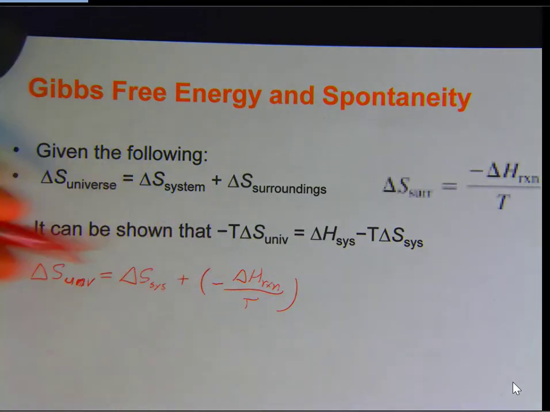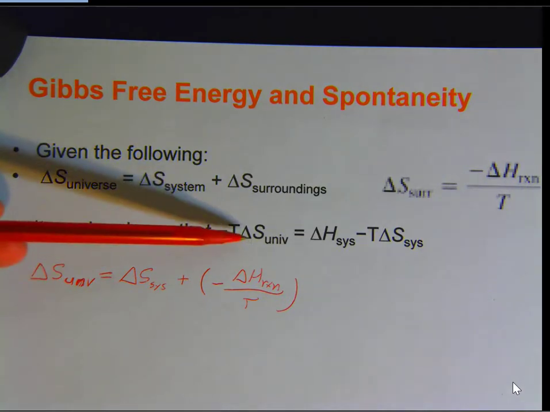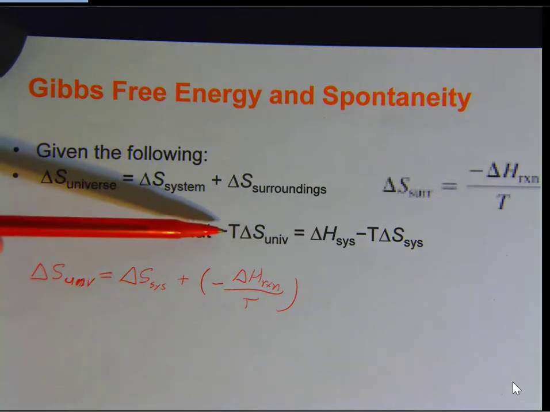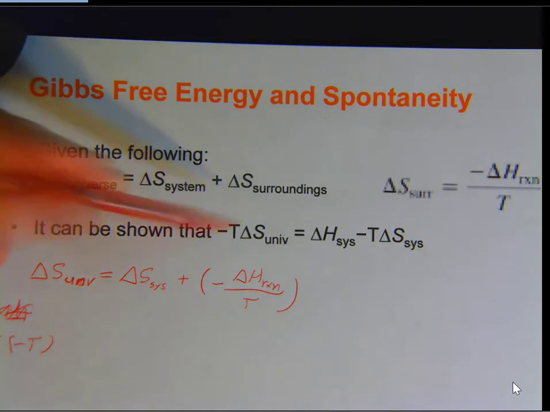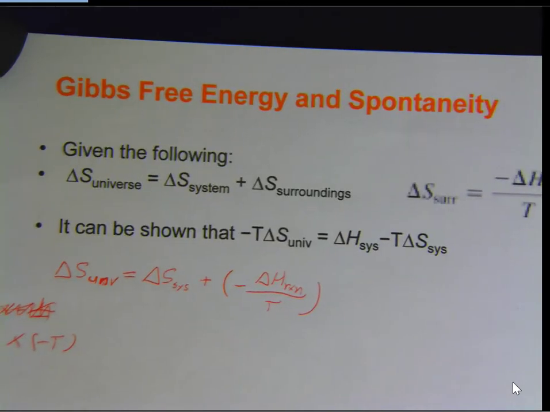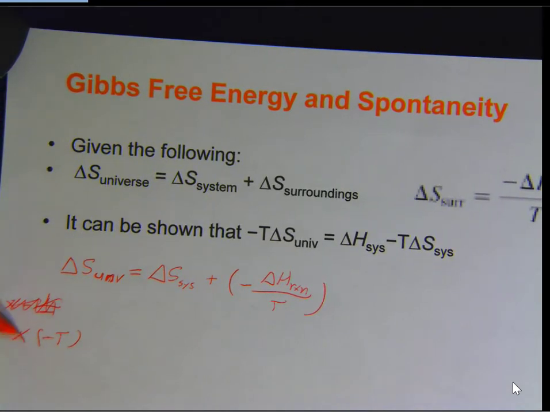So maybe we can look at what we can do to delta S of universe. We have a negative T with that. Maybe if we multiply through by a negative T, we'll see what we get. So I'm going to say times minus T. Okay, so we'd have negative T times the change of entropy of the universe.